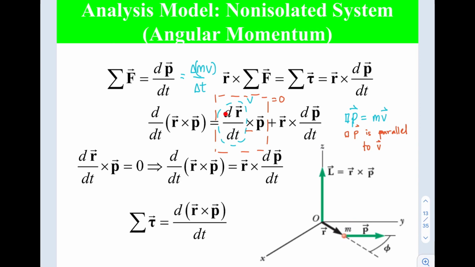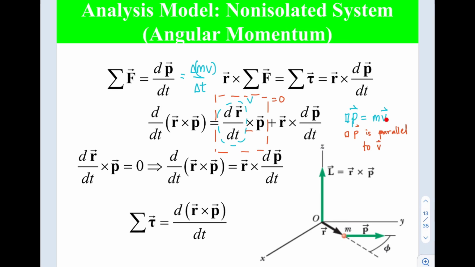And we know that dr over dt is actually v, because r is position. Change in position over change in time is velocity. From chapter 9, we already learned that linear momentum is defined as the product of mass with velocity. Mass is a scalar quantity with no direction, so the direction of P must be according to the direction of v. So P and v must be in the same direction.